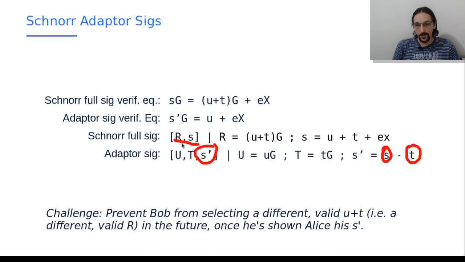So we want Bob to send out a full Schnorr signature on chain, and we want Alice, having seen the adapter signature, to be able to figure out the secret scalar. The main challenge we are trying to answer here is to prevent Bob from selecting a different valid U plus T, that is a different valid nonce point, once he has shown Alice his partial signature.